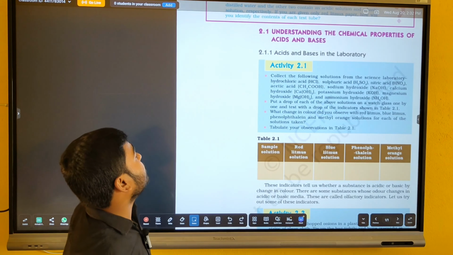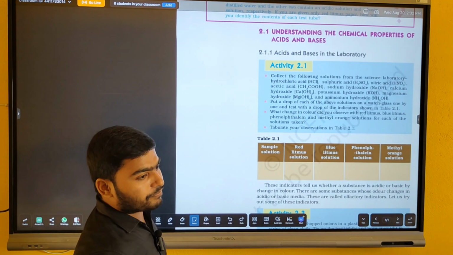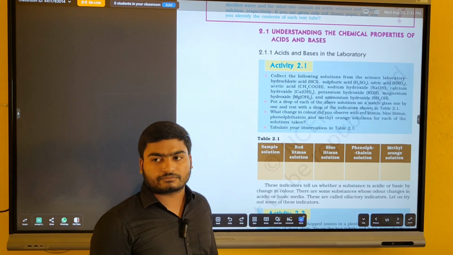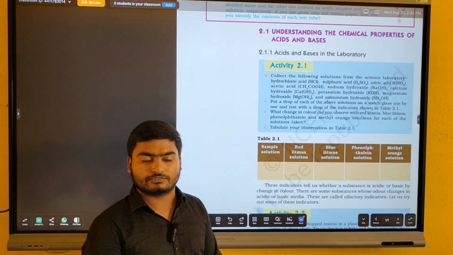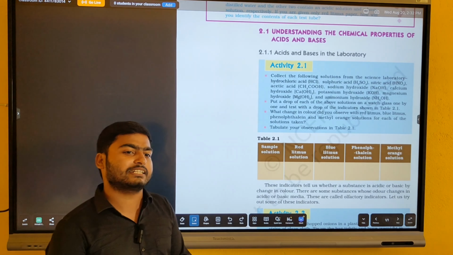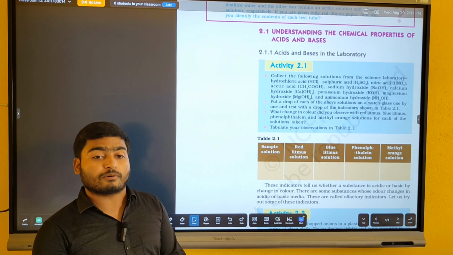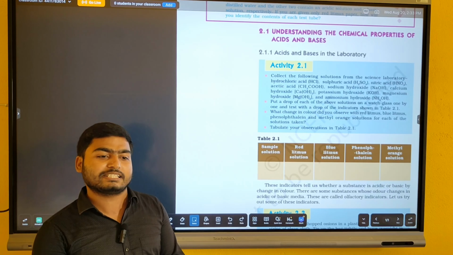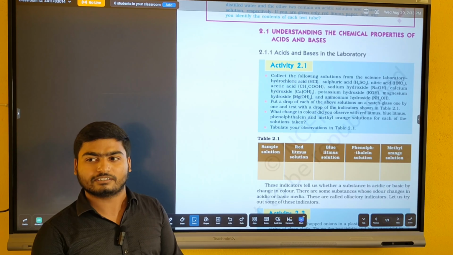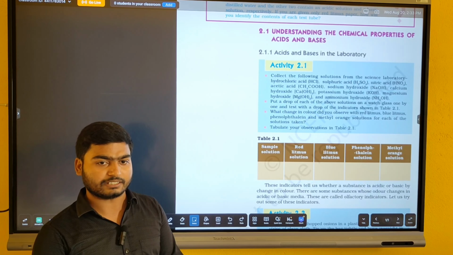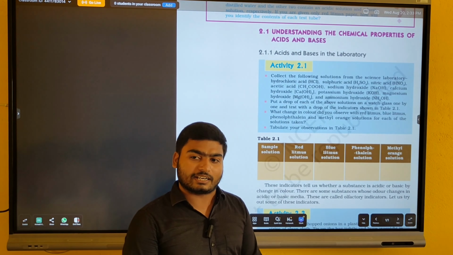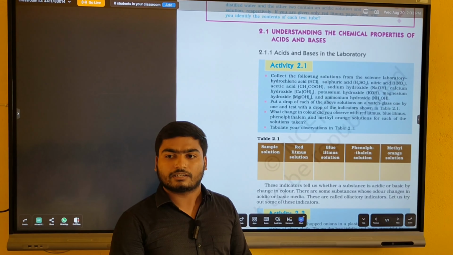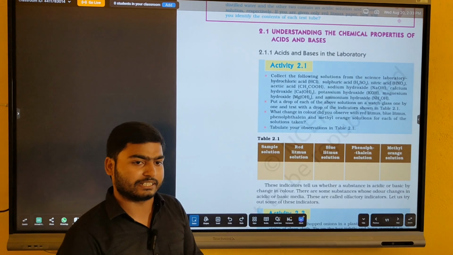So today we have to start activity number 2.1. In that, we have to study about indicators. Indicators we have already studied. What is an indicator? An indicator is a substance which tells you whether the substance is acidic, basic or neutral by changing its own color or its smell. The indicators which change color to tell you whether something is acidic, basic or neutral are called natural indicators and artificial indicators.